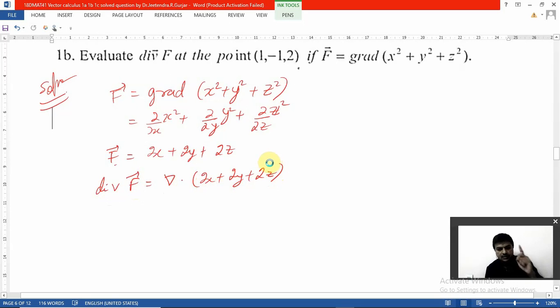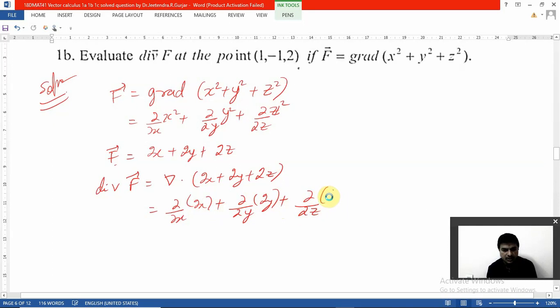I am going to write all the steps, all the formulas are already discussed in the previous video. You can just watch that and we'll finish this. Again, del is nothing but differentiation of x with respect to x, y with y, z with z. So this will give you students same differentiation of x 2x plus partial derivative 2y. So corresponding elements we are going to differentiate this students. Is it clear? So this is 2z. So differentiation is we get 2, 2 and 2.